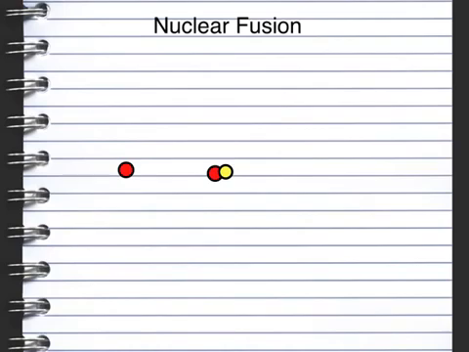Okay, so what is nuclear fusion? Now on the screen here we can see that we've got one proton here and we've got another nucleus here that's got one proton and one neutron. The nucleus that contains just the one proton is a hydrogen nucleus.